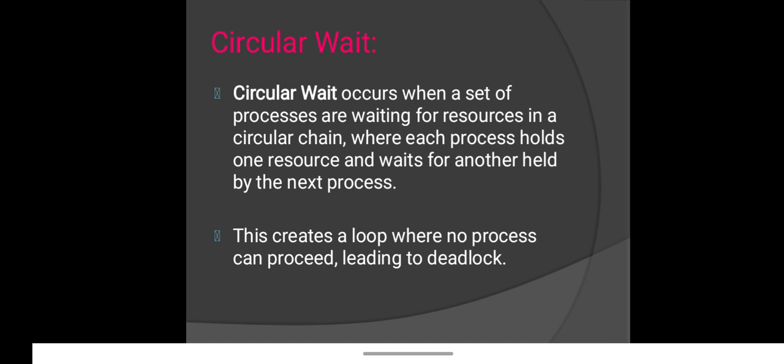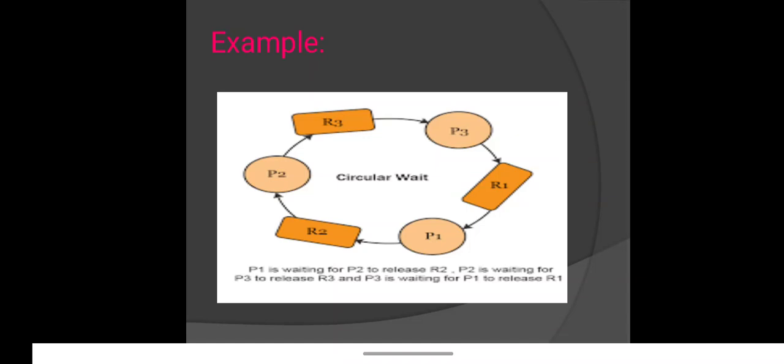Example, process A is waiting for the resource held by process B, and process B is waiting for the resource held by process C. Process C is waiting for the resource held by process A. This forms a circular wait situation causing the deadlock. And this picture defines deadlock in circular wait.